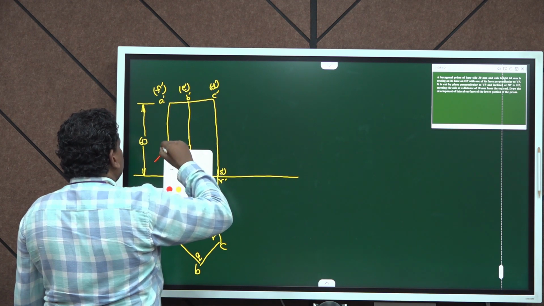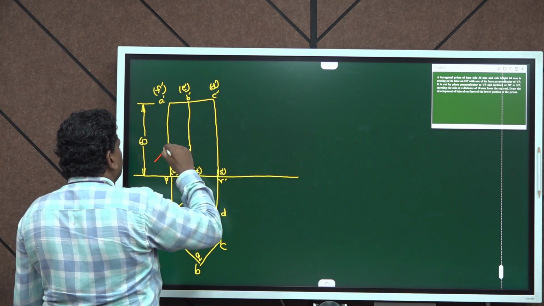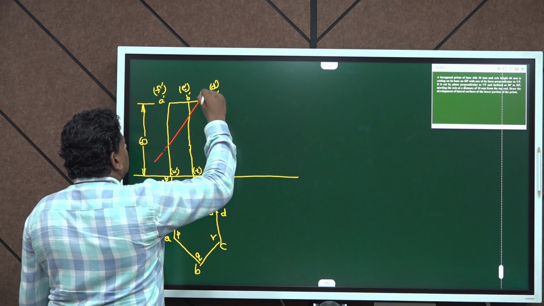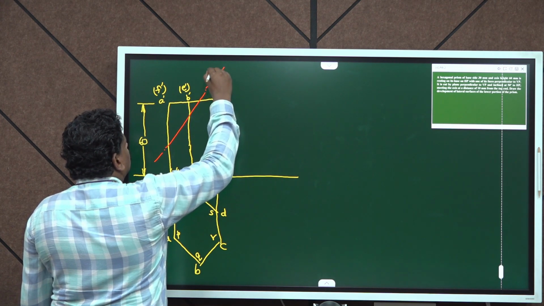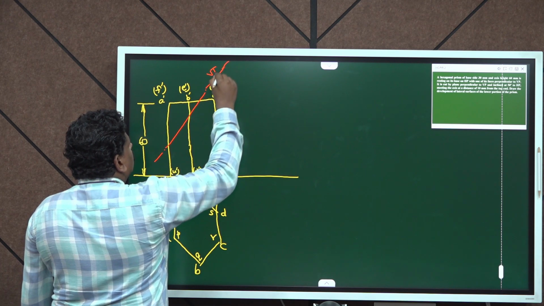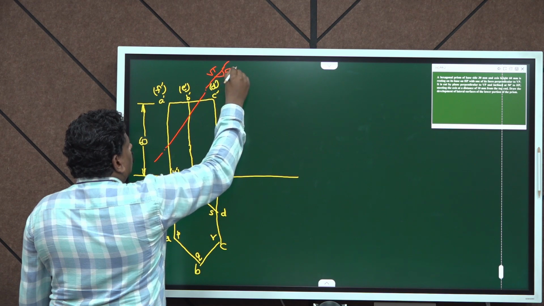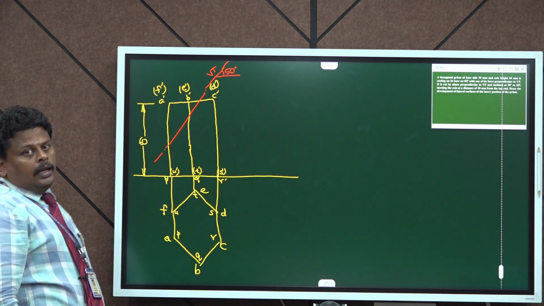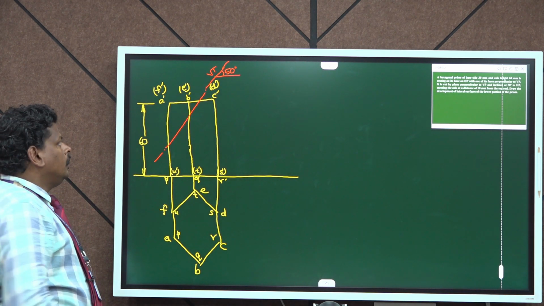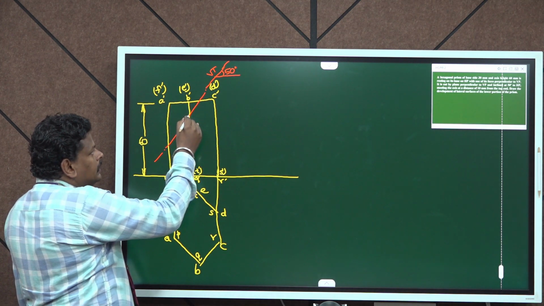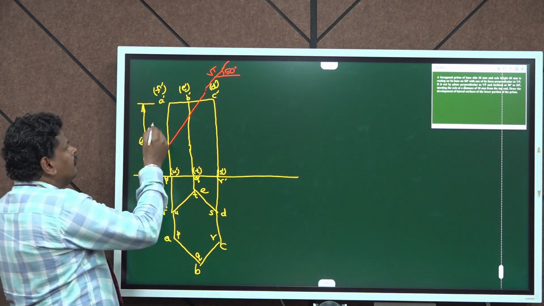So you can measure and draw the cutting plane at an angle of 50 degrees to the horizontal plane, and let it meet the axis here at a distance of 10 mm from the top end as given in the problem.